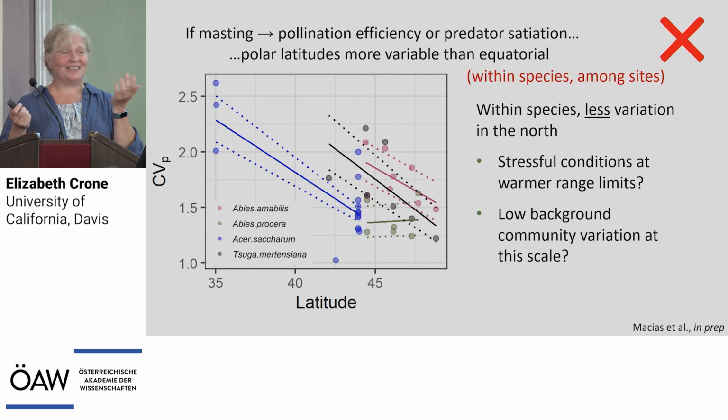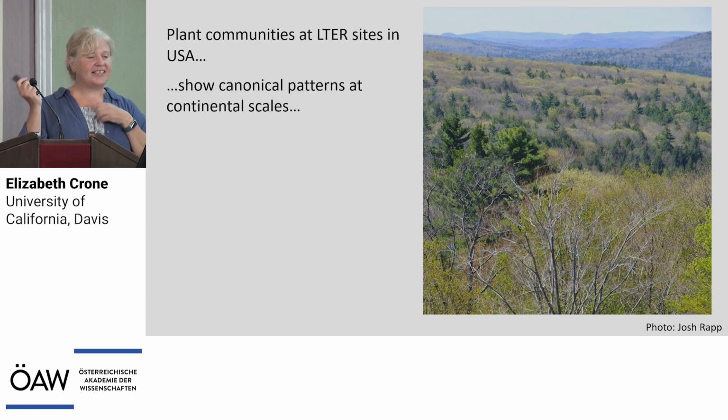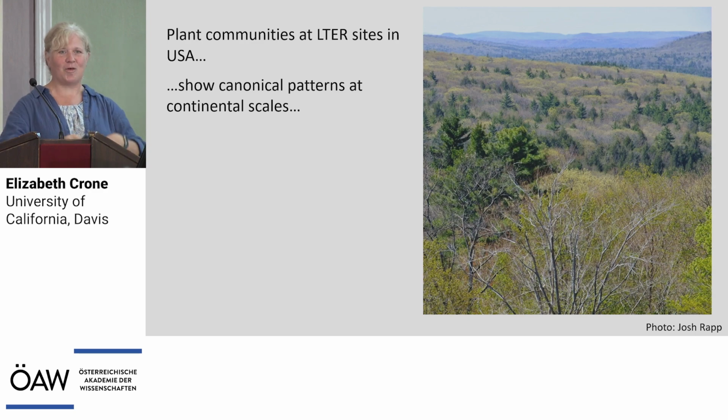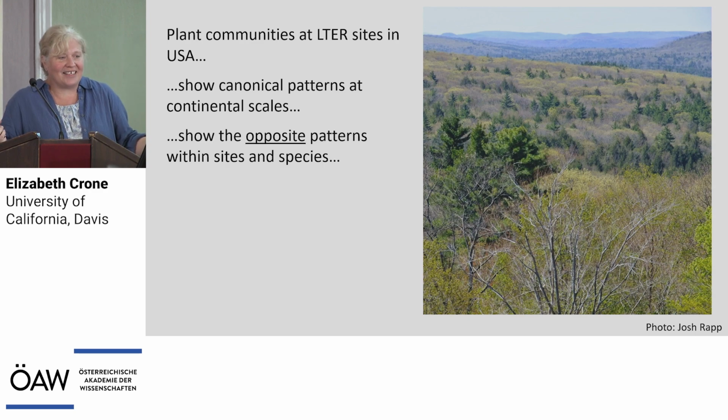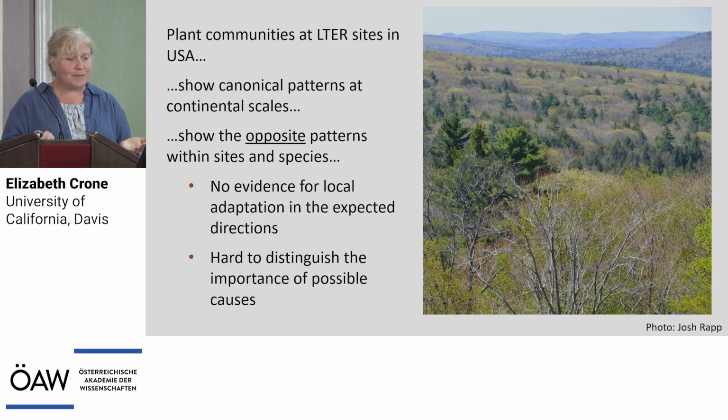But prediction not met. So, what we learn from these plant communities at these long-term ecological research sites in the US is that they show this canonical global pattern at continental scales when we throw all species in one hat. But they show the opposite patterns within sites and species. And so there's no evidence for local adaptation in the expected direction within species.